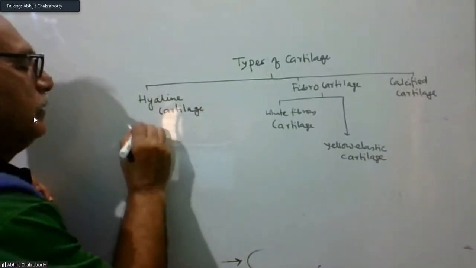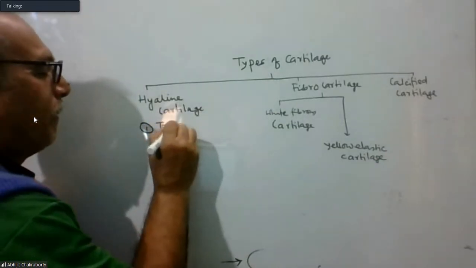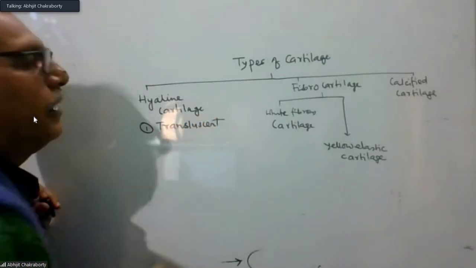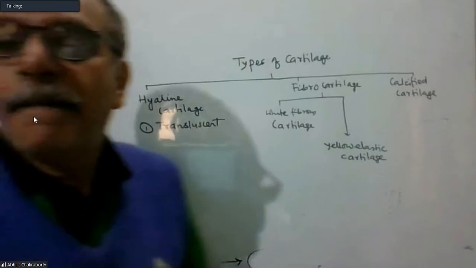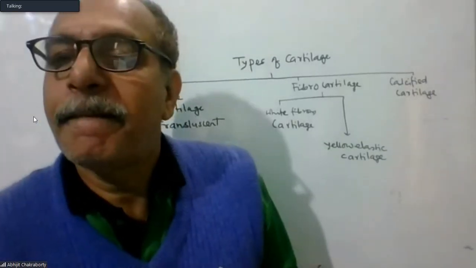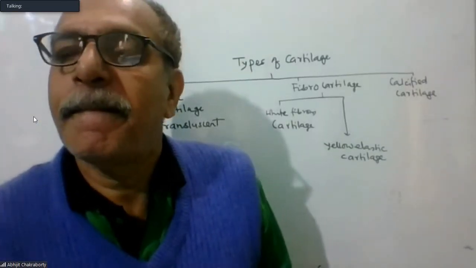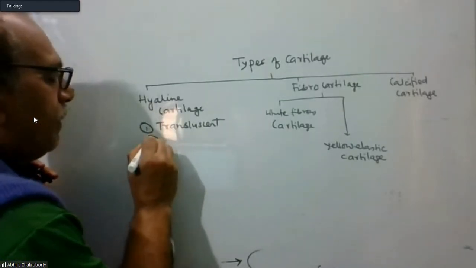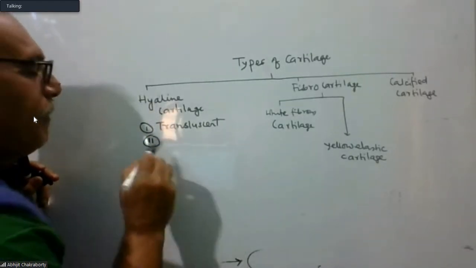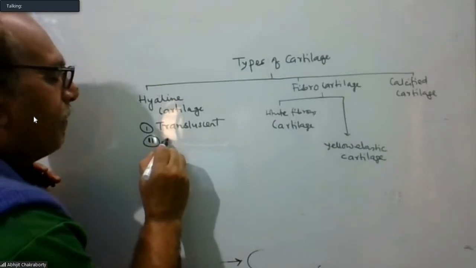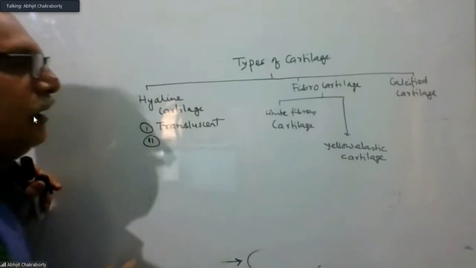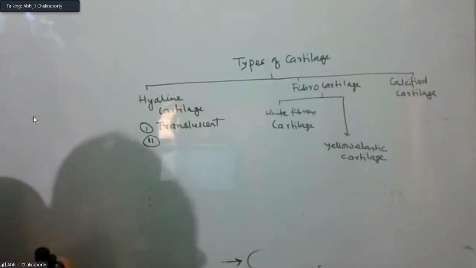Hyaline cartilage it is. Translucent. It is found to be translucent.